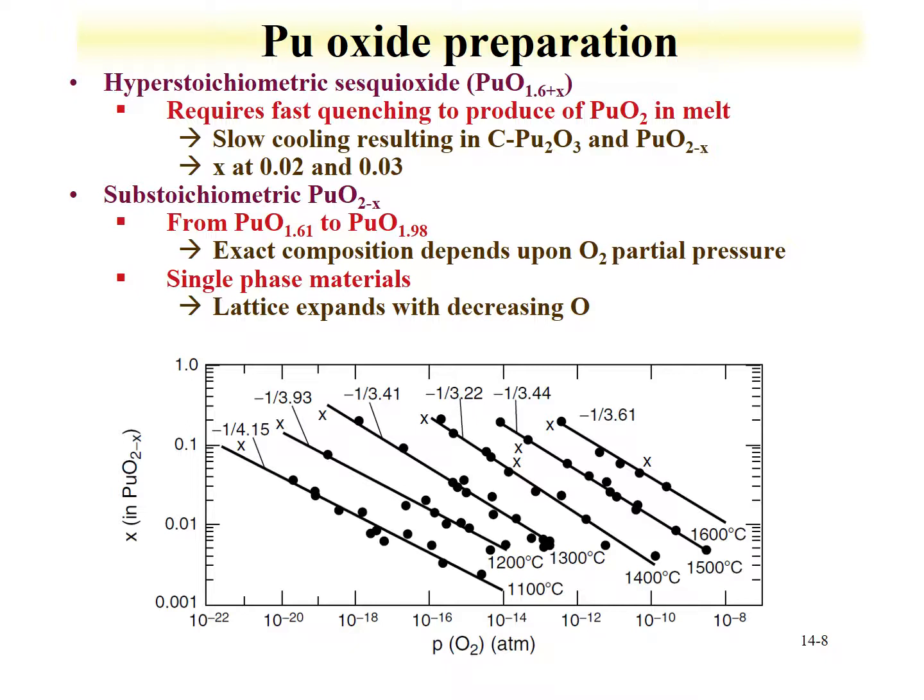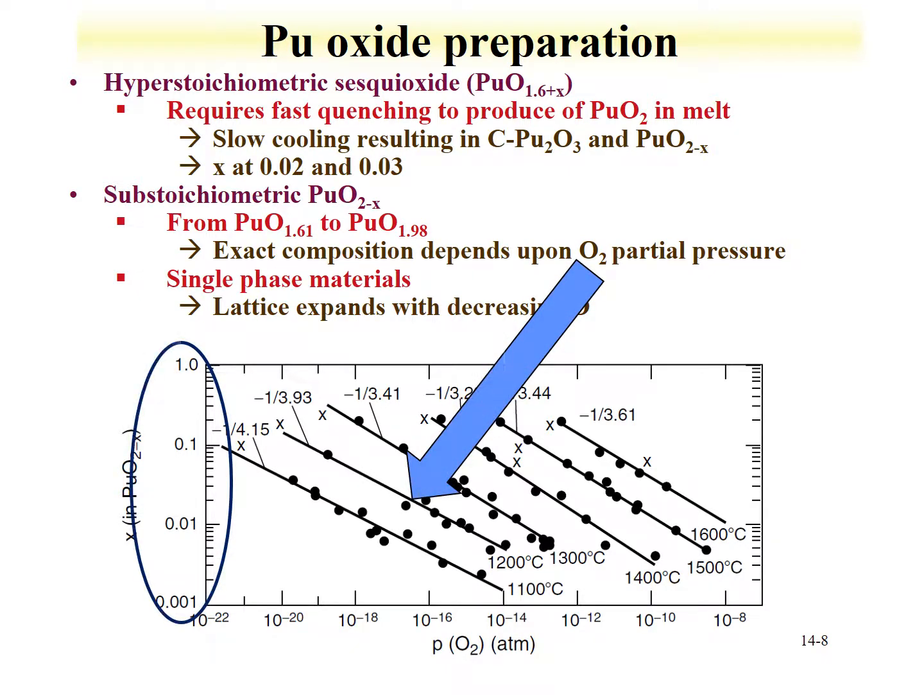The exact composition depends upon the oxygen partial pressure, and that's shown here, where over here we can see what X is. So PuO2-X, and X can go from 0.001 to 1, so we have a fairly large range of control.